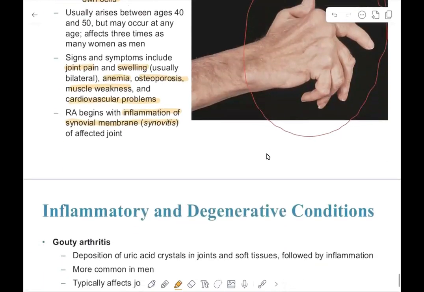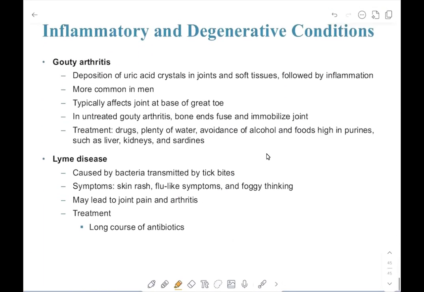The last type of arthritis you're responsible for is gouty arthritis. And this is the deposition of uric acid crystals in joints. And this is a lot of times from proteins or other nutrients that contain nitrogen.